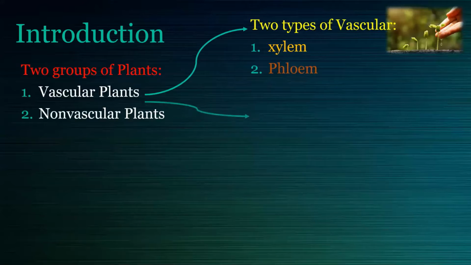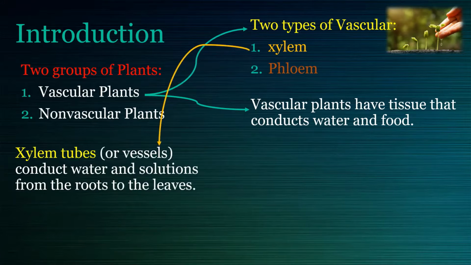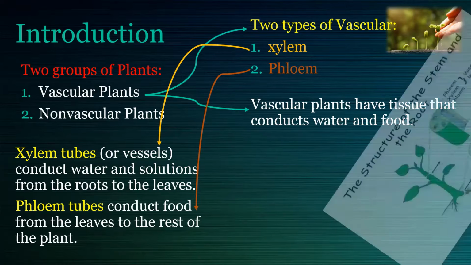Vascular plants have tissue that conducts water and food. Xylem tubes or vessels conduct water and solutions from the roots to the leaves, while phloem tubes conduct food from the leaves to the rest of the plant.